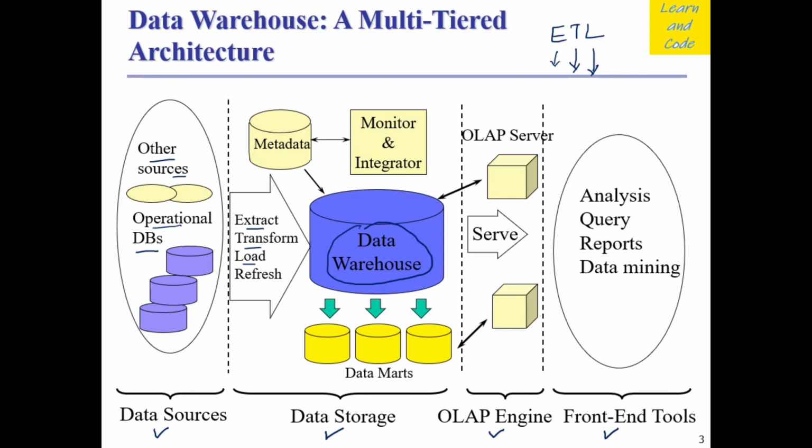Let us suppose we want to do some kind of analysis over the customer. Obviously, in that case, we'll be looking at the data that is related to customers only. If we want to perform analysis on the data related to products, there may be different subjects around which the data might have to be organized. So in this case, data marts come into the picture.